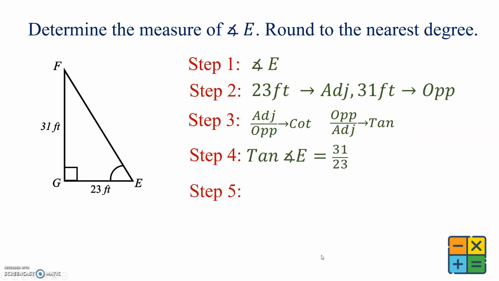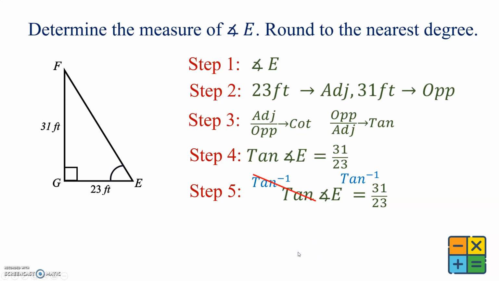Let's solve. That's step 5. Here, the unknown is being, if you will, tangented. So I'm creating a verb, an action, an operation. And the inverse of tangent is inverse tangent. So we'll inverse tan on both sides.